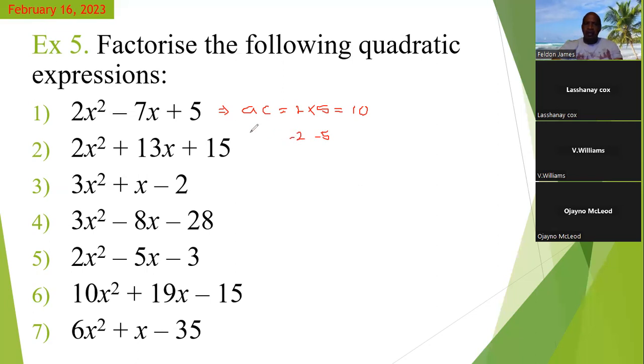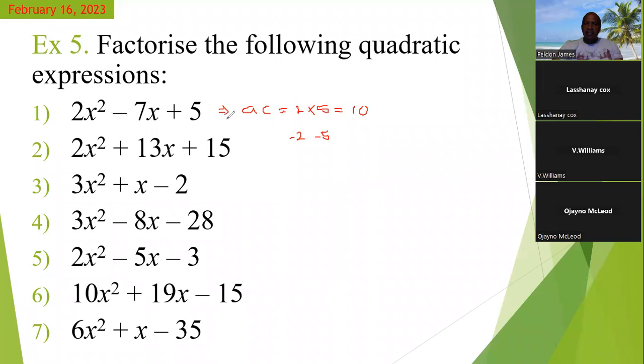Yes, sir. All right. So it's the same principle that we're following from that time. You remember when we were doing the first set, we said we would need two factors of the last term. When we add them, we get the middle term.